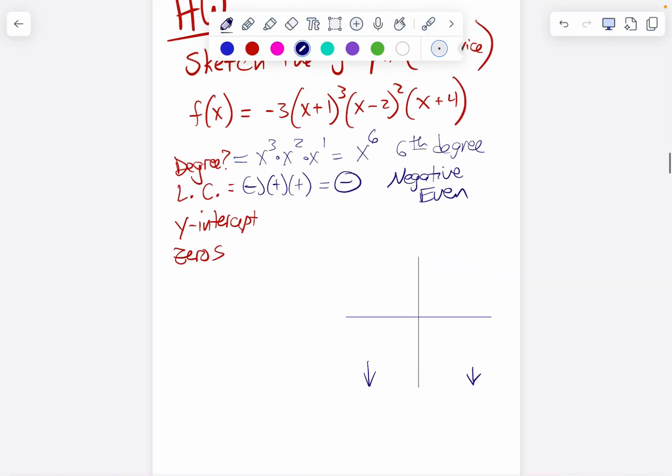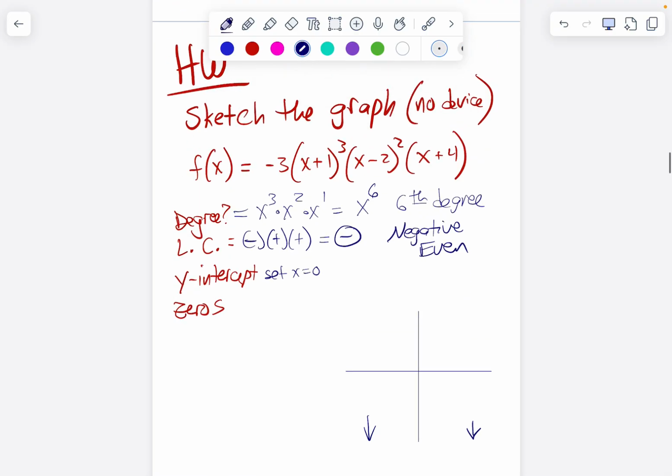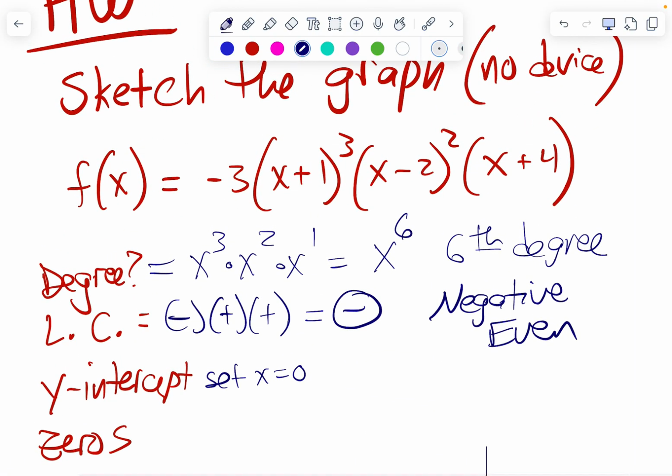Okay, y-intercepts. Well, we do the same thing anytime we want a y-intercept, which is what? Set x equal to 0. Okay? Look what I'm going to do on this. You can do this with your pencil tip or your fingers. Just cover it up. That means these x's are all zeros. That means I just multiply what's left. So 1 cubed is what? That's just 1.